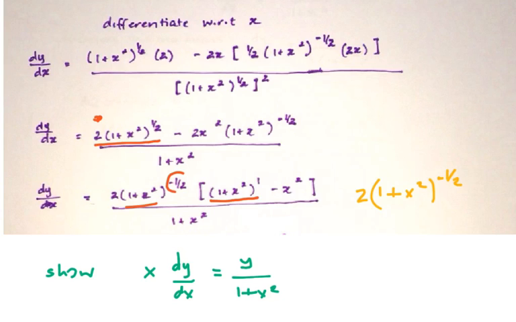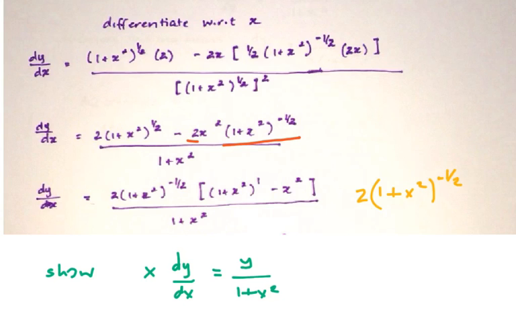And negative 1/2 plus 1 is going to give you back 1/2. So therefore that's our first term. My second term, which means I would have pulled out this and the 2, what is going to be remaining is simply x². So now in my numerator I have 2 times (1 + x²)^(-1/2).